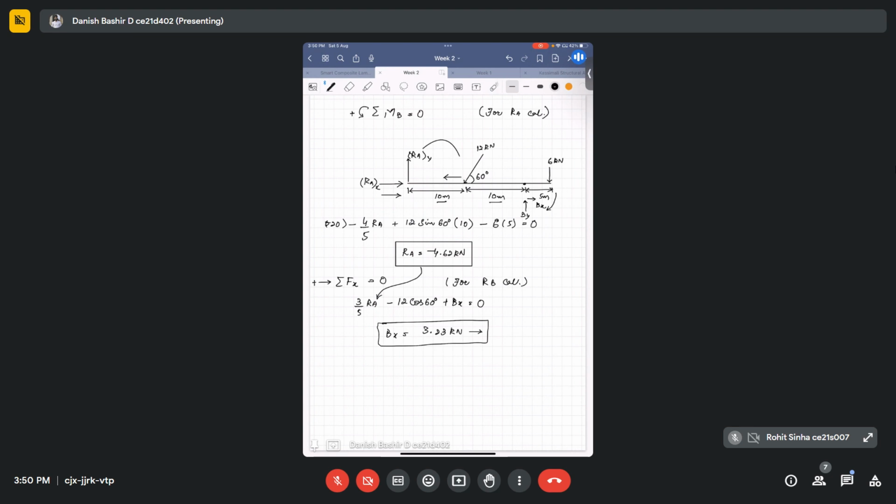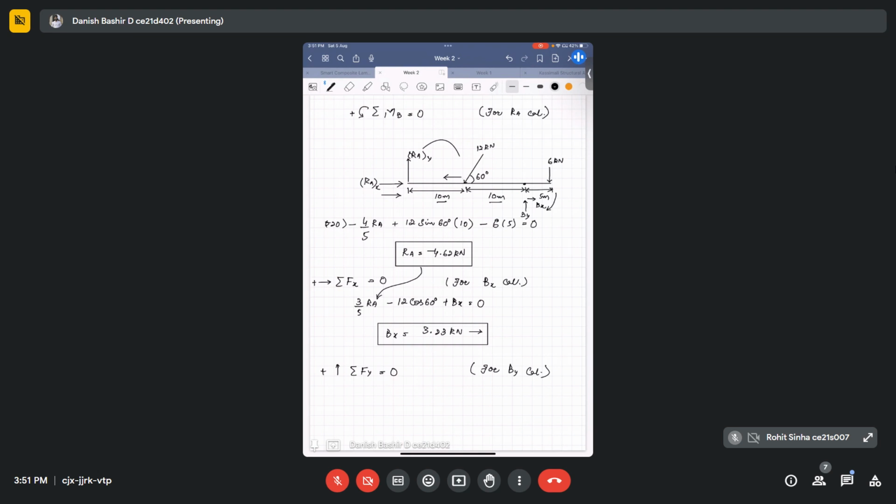We computed BX also. Now we are left with BY. It's clear that for BY we can use the upward direction as positive, so the summation of vertical forces Fy is equal to 0. Here I wrote it's BX calculation, but for BY calculation I can write summation of Fy is equal to 0.